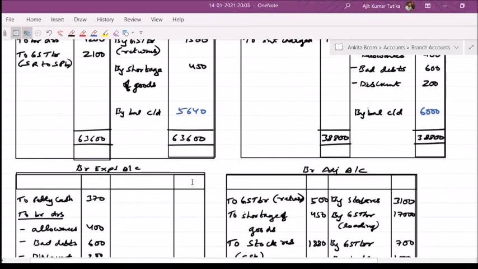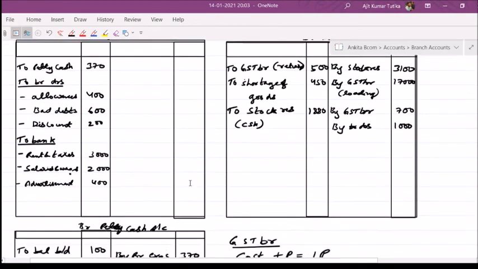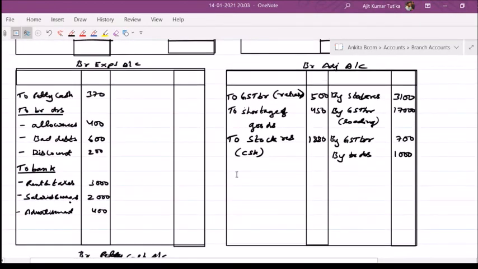Then we have branch expenses and branch adjustment. Everything else is closed. Now let us close this also. 370 plus 400 plus 600 plus 200 plus 5,400, which comes to 6,970.